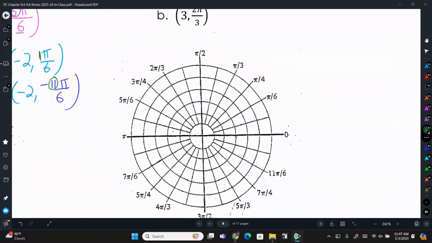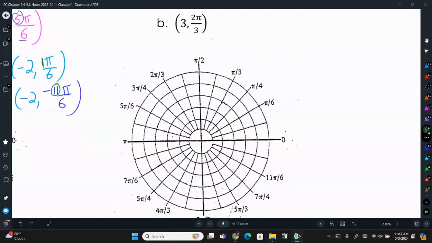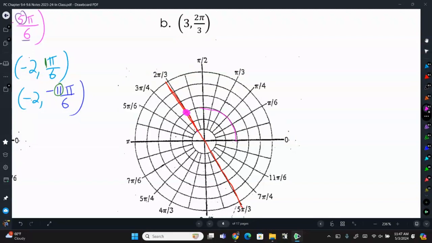So if we look at letter B, 3 comma 2 pi over 3. So we're going to go 2 pi over 3, which is right here. And then I'm going to go out 3 units. 1, 2, 3. So my point is right there. I went from this direction, 2 pi over 3 units, and then 3 units out.